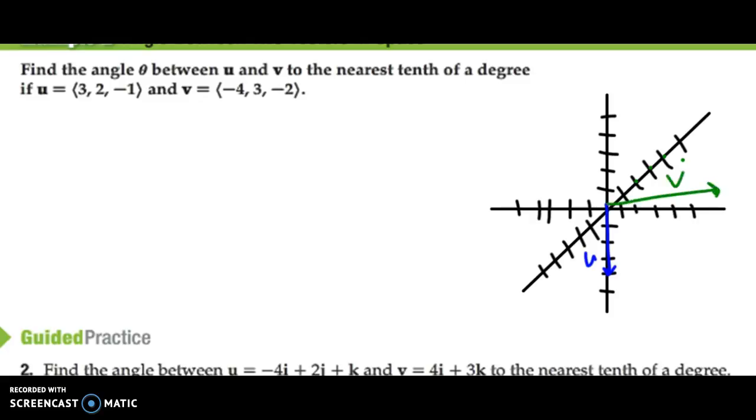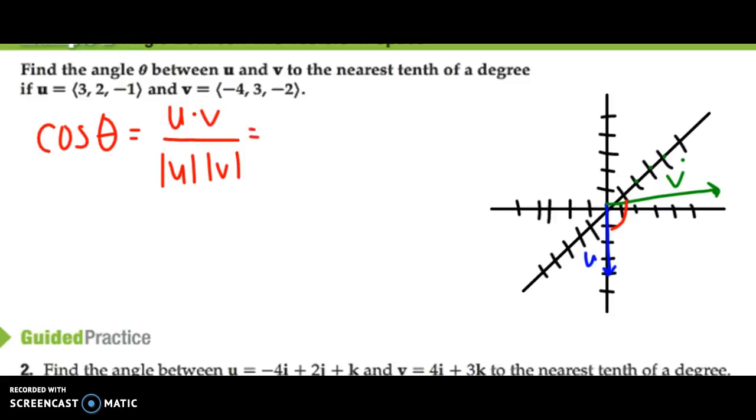So that's v. Okay? And what we're tasked to do is to find the angle right there. So remember, the equation is cosine of theta is equal to the dot product divided by their magnitudes.